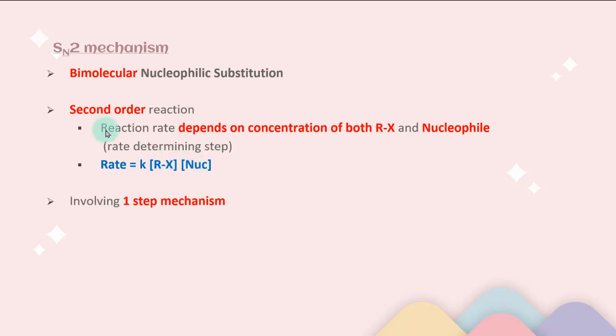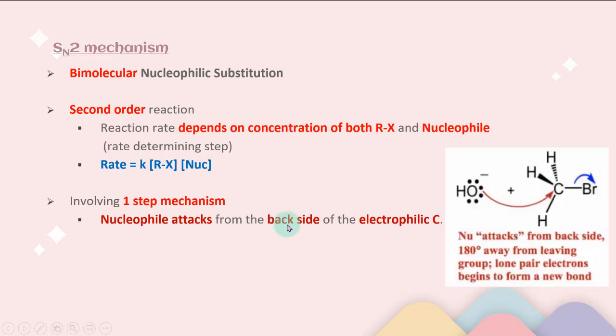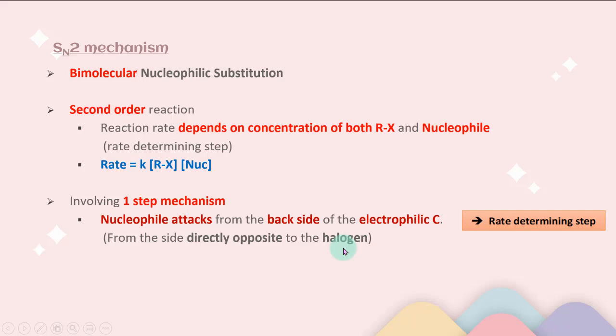And for this SN2 mechanism, it only involves one step. So in this step, the nucleophile will attack straight away from the back side of our electrophilic carbon, which also means that it is from the side directly opposite to the halogen. So this is our rate determining step.